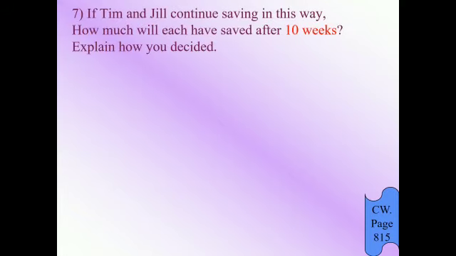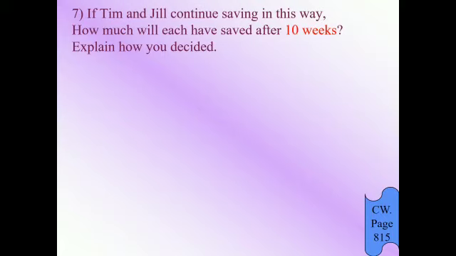Now let's solve a problem from your classwork, page 815. Problem number 7. If Tim and Jill continue saving in this way, how much will each have saved after 10 weeks? Explain how you decide. First, we will see the amount for Tim for 10 weeks.